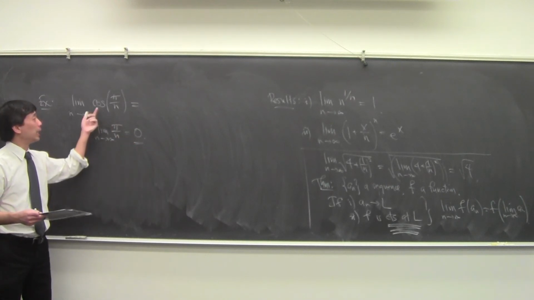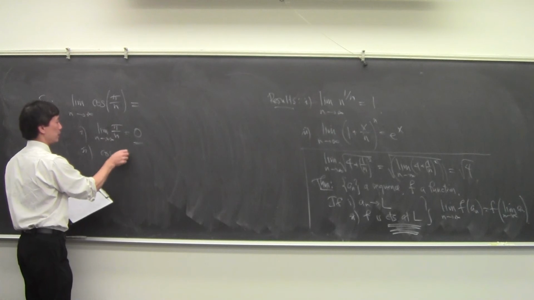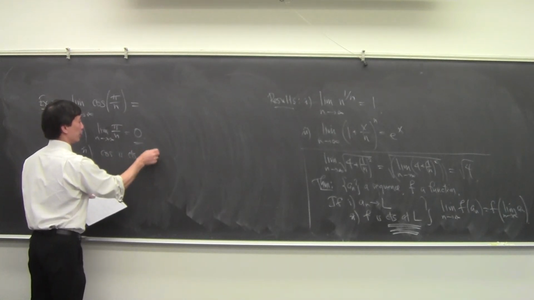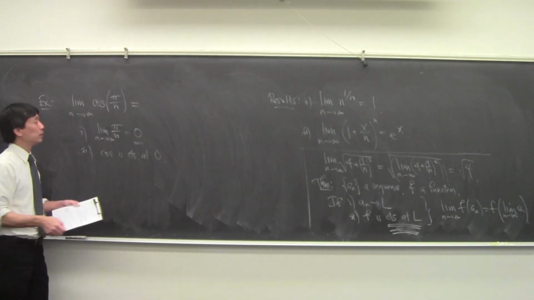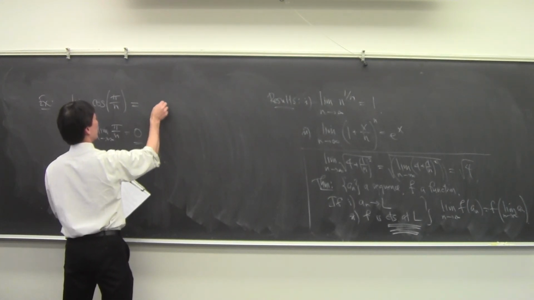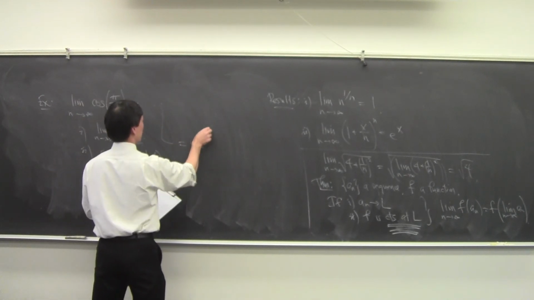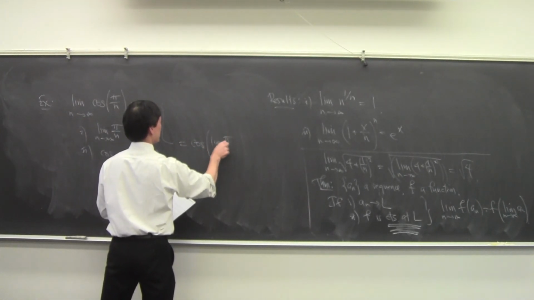And I know that cosine is continuous at 0. So that allows me to change the order. So this is going to be equal to the cosine of the limit, in other words, the cosine of 0.